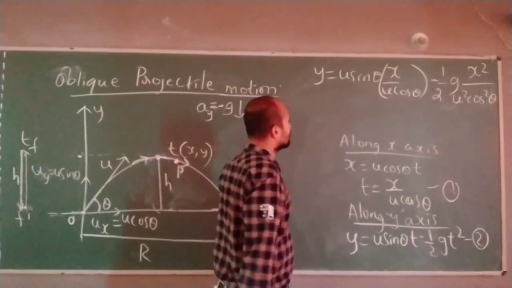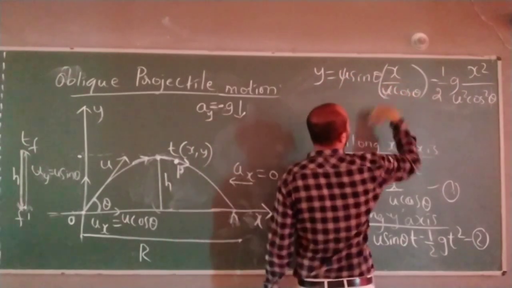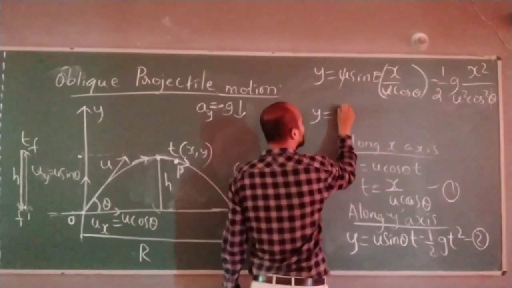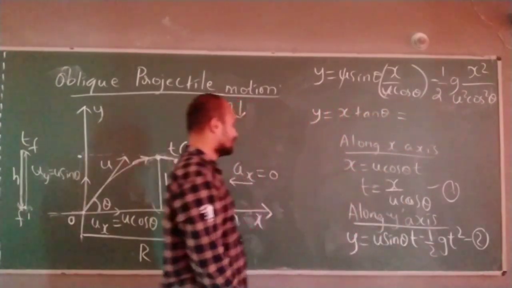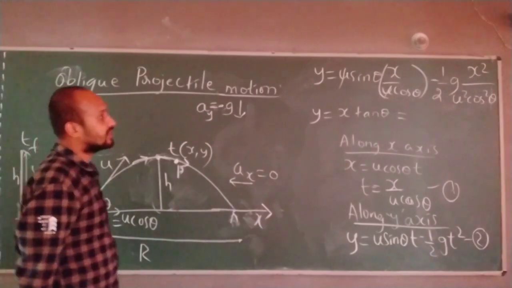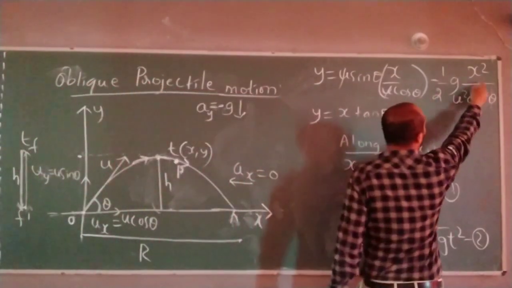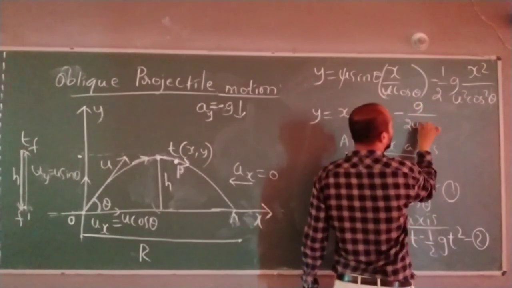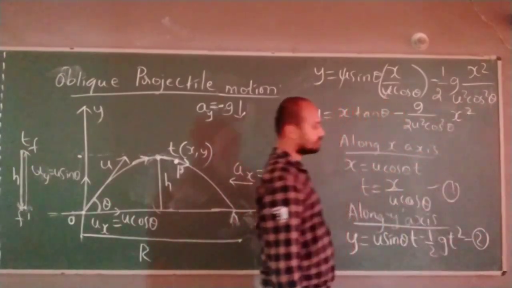Got it? So this will be equal to, what is that? Y, u gets cancelled. y is equal to x tan theta minus g divided by 2u square cos square theta into x square.